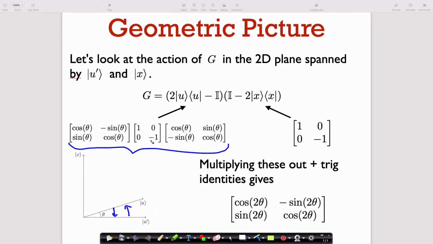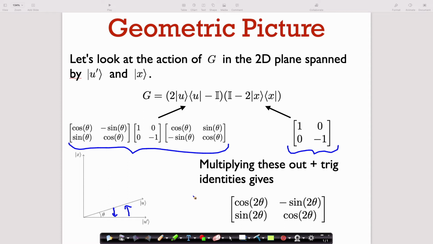Okay, so this is how I can write the reflection about U as a composition of these three actions. Okay, and now we can simply multiply these together and multiply that by the action of the oracle here. And if you do that and then simplify with some trig identities, you actually get the following matrix, which is exactly a rotation counterclockwise by an angle of 2 theta.